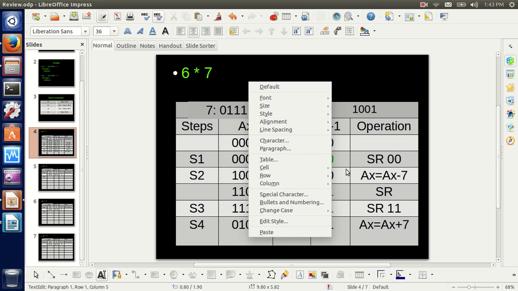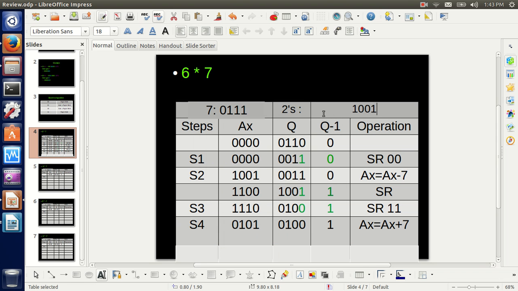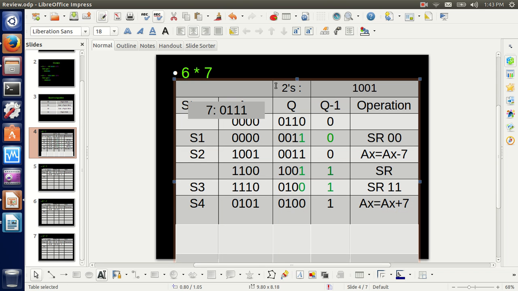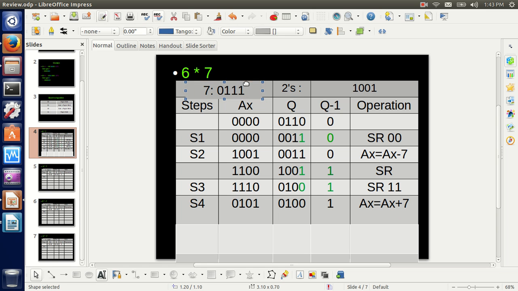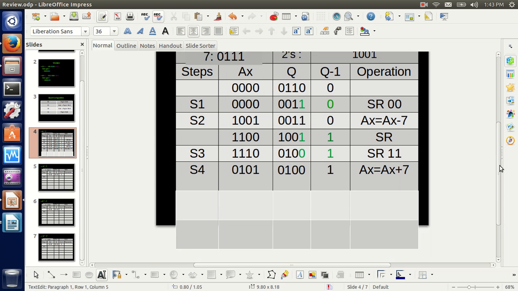So let's add a row, insert. I'm gonna insert 2 rows. Why did I insert 2 rows? Why did it come up like that?